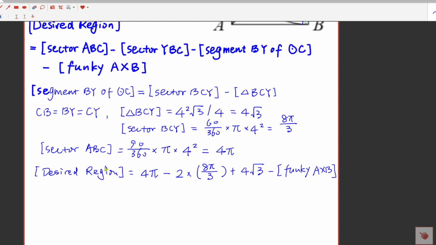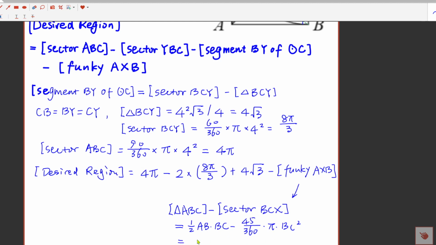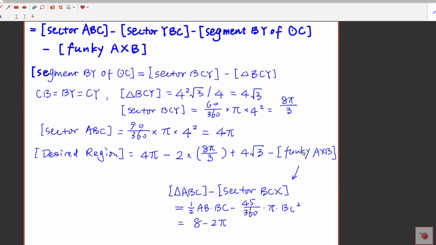So the last part is a result of subtracting sector BCX from triangle ABC, right? So that's the area of triangle ABC subtracted by sector BCX, right? And this gives us 1/2 of AB times BC subtracted by 45 degrees over 360 degrees times pi times BC squared. And that's 8 minus 2 pi, right?